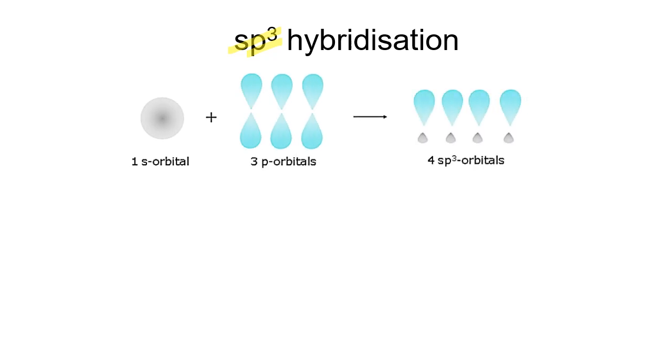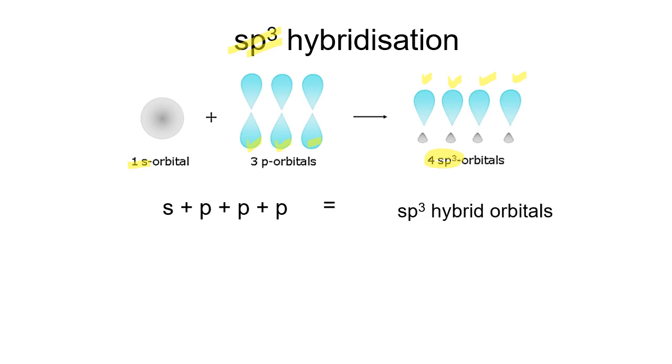Next, we will look at sp3 hybridization. It is a mixture of 1 s orbital we mix together with 3 p orbital, and then we will get the new hybrid orbital as 4 sp3 hybrid orbital. So that's 1, 2, 3, and 4. You have here 4 hybrid orbitals.